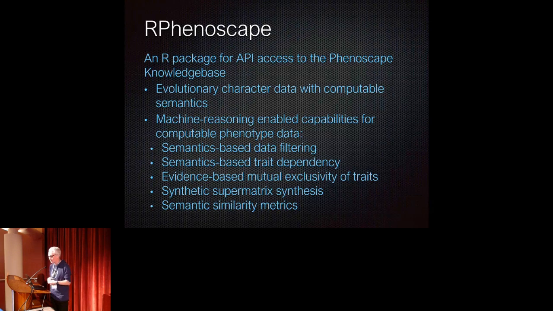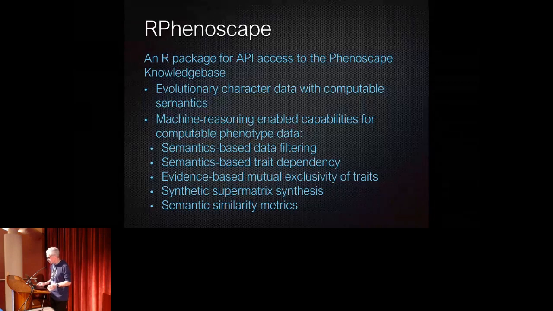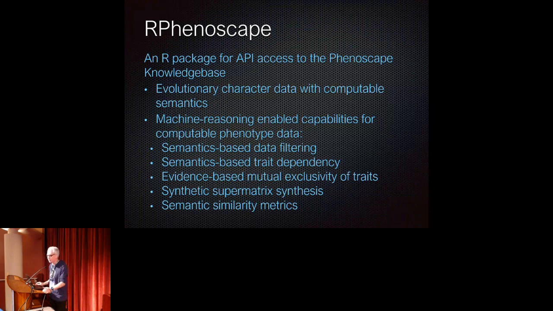Number one, convenient access to the evolutionary character data with computable semantics, i.e. all the ontology links. And it also provides access to the machine reasoning capabilities that the RPhenoscape KB either provides itself or actually enables to the data that it has. Specifically, these are semantics-based data filtering, trait dependency, evidence-based mutual exclusivity of traits, synthetic supermatrix synthesis, and semantic similarity matrix.